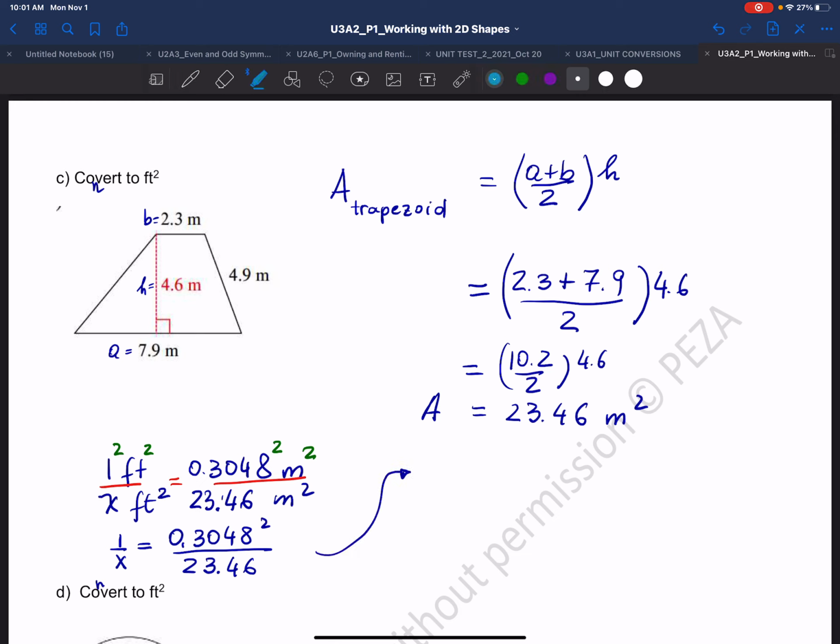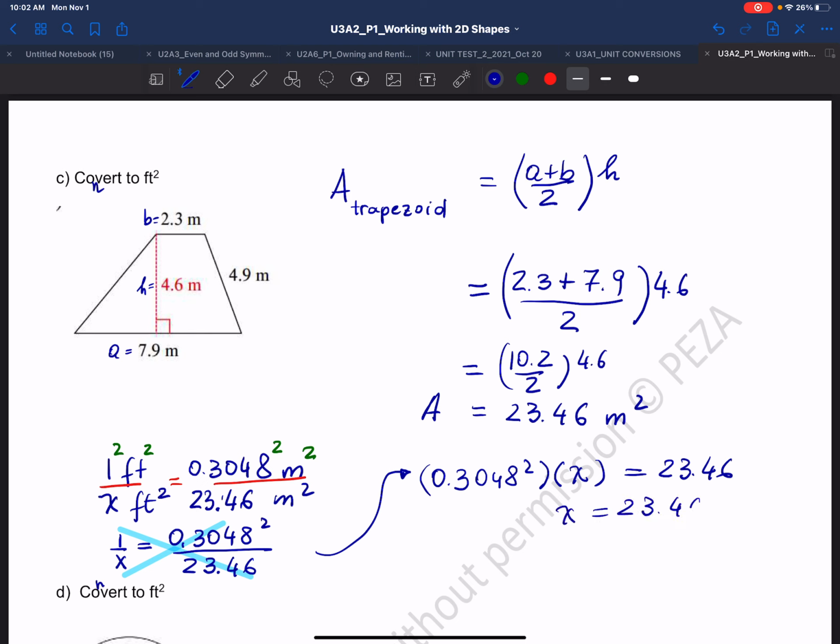Cross multiply, and we have 0.3048 squared multiplied by x equals 1 times 23.46. So x equals 23.46 divided by 0.3048 to the power of 2.